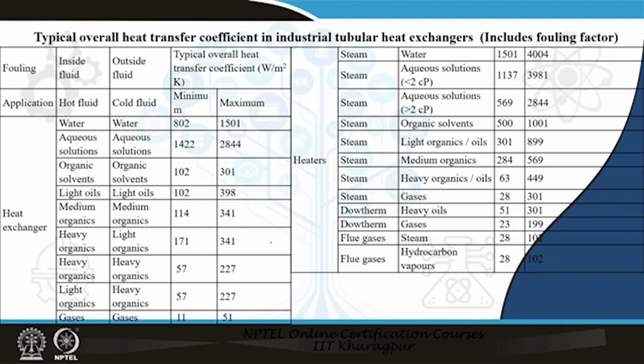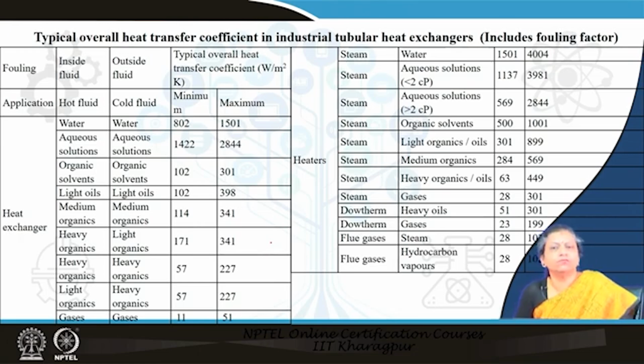And let me tell you that when you design a double pipe heat exchanger, you need not refer to this table, at least for the problem that you have been given, and the methodology that I have discussed. In that methodology, you do not need to assume a heat transfer coefficient earlier.